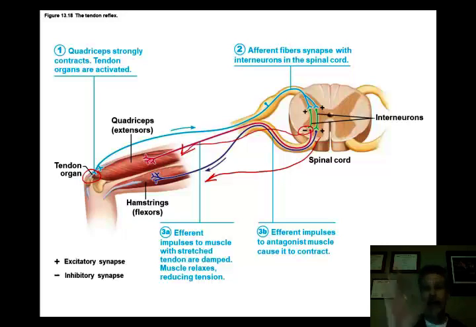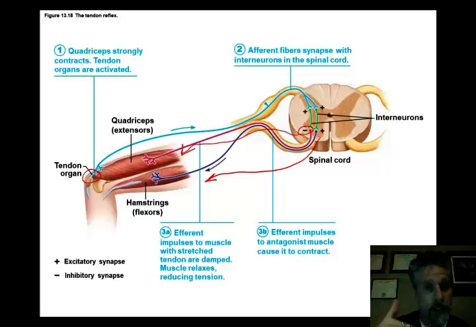Let's not kick it out where we can hyperextend the knee joint or something like that. Let's have this be a little bit controlled. So we're going to use those hamstrings to kind of mediate and slow down the activity of the quadriceps on the anterior side.